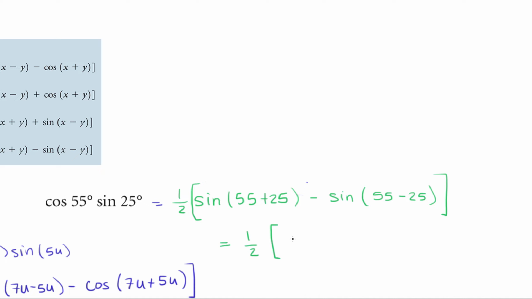One-half times sine 55 plus 25 is 80, minus sine of 55 minus 25 is 30.